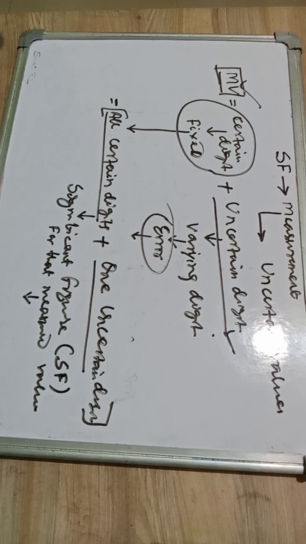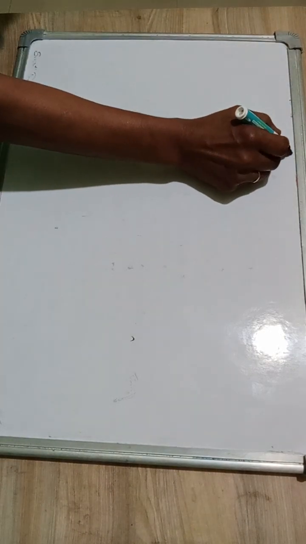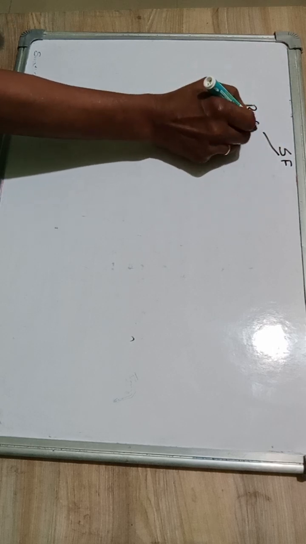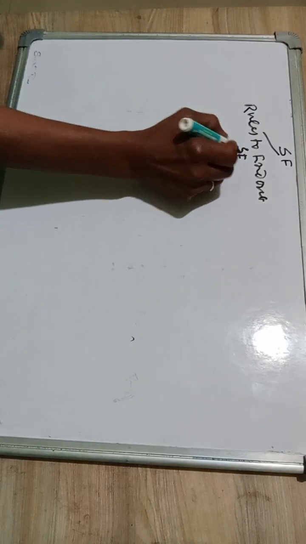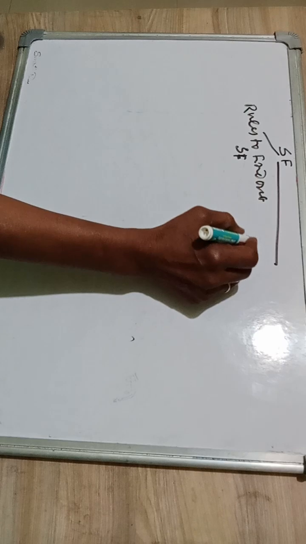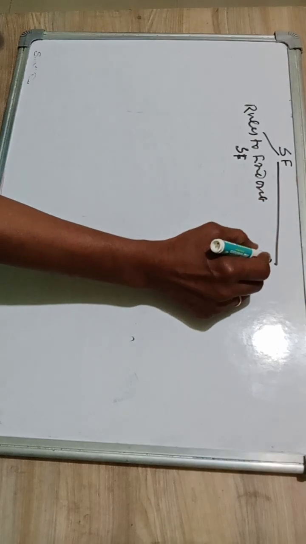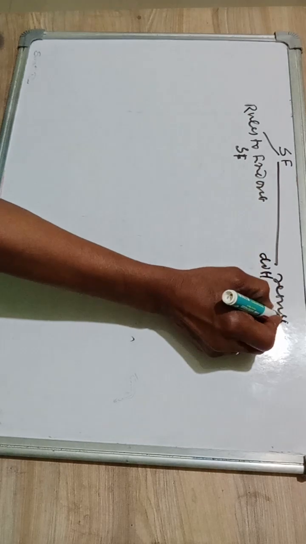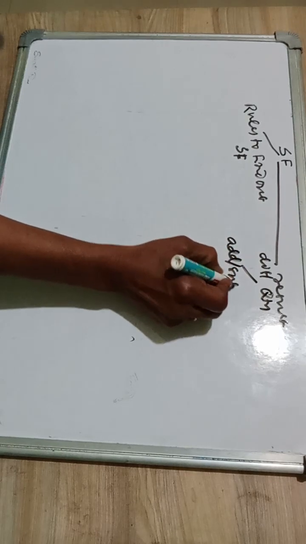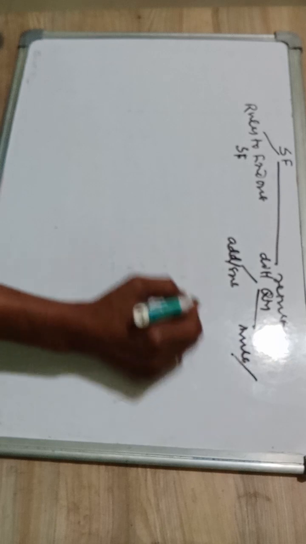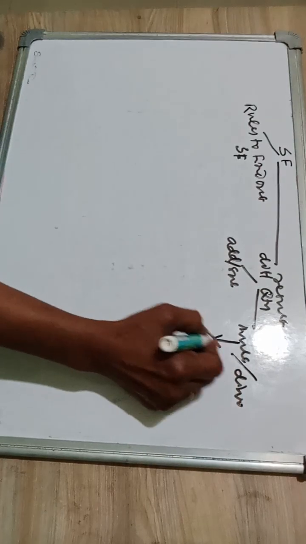Now we have certain rules to find out significant figures. In significant figures, we will be studying what the rules are to find out significant figures, and what the significant figure of the result is for different quantities if they are added or subtracted, or multiplied or divided.